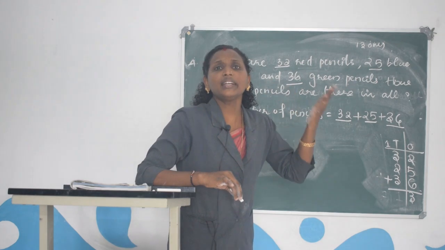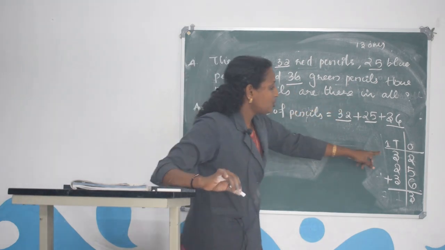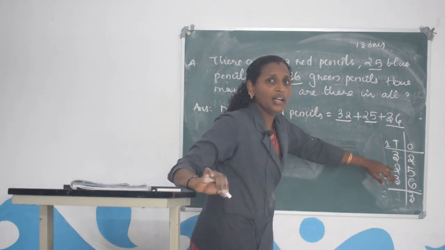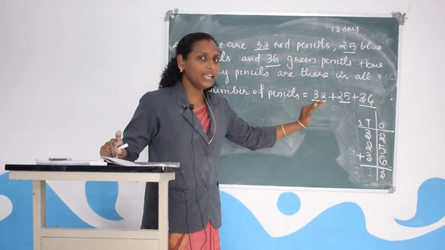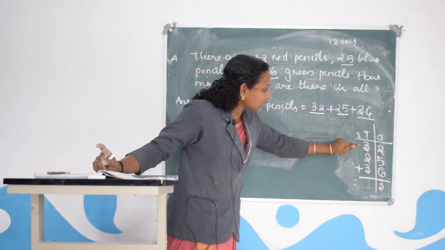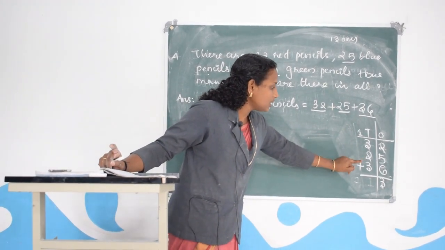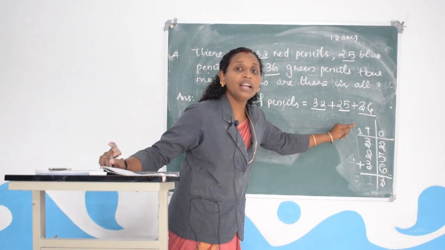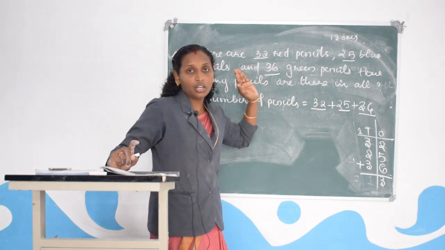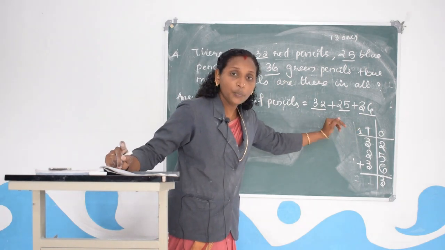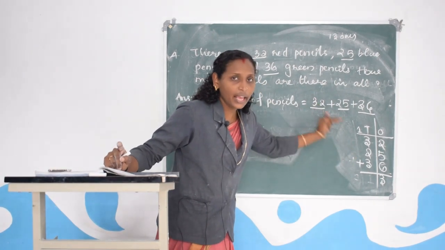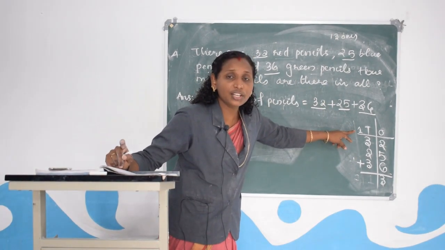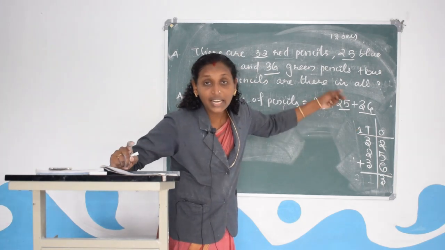Then add the tens. 3 plus 2 plus 3 plus 1, the carried over. What is 3 plus 2? 5. 5 plus 3 is 8. 8 plus the carried over 1 is 9.